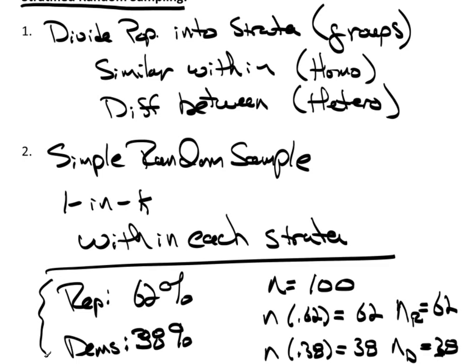Democrats tend to think more alike. Republicans and Democrats tend to differ in their thinking. Hence, it makes sense to break them up into those groups. When we talk about them being similar and different, it's similar and different with respect to whatever it is that we're actually measuring.